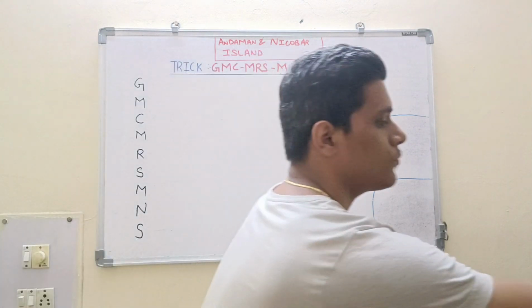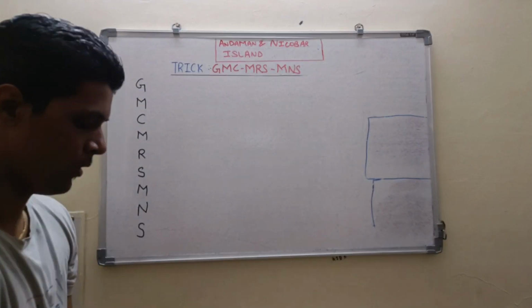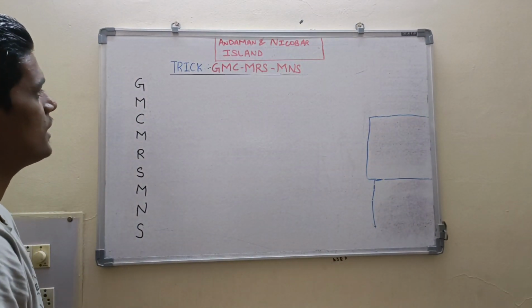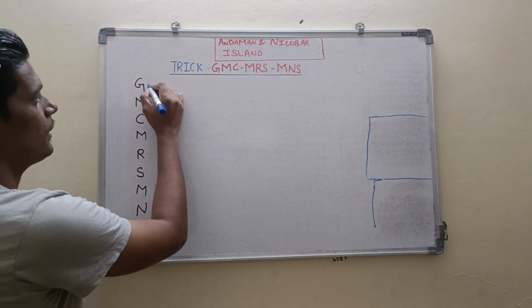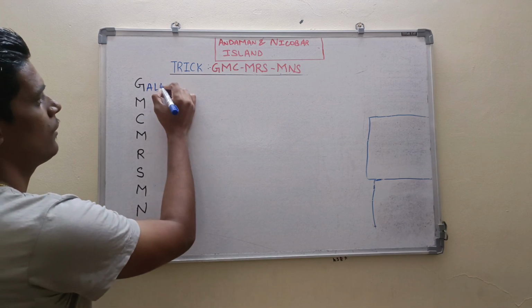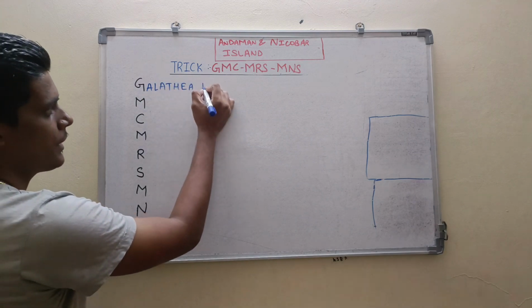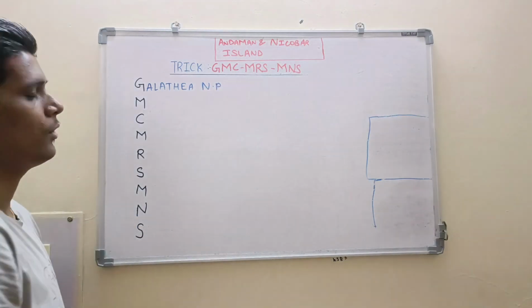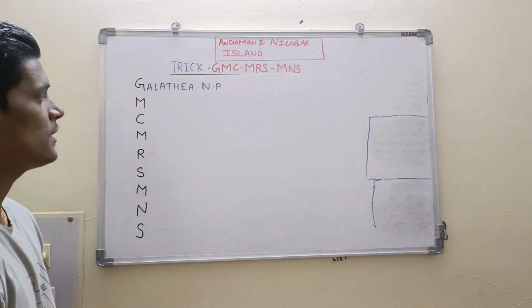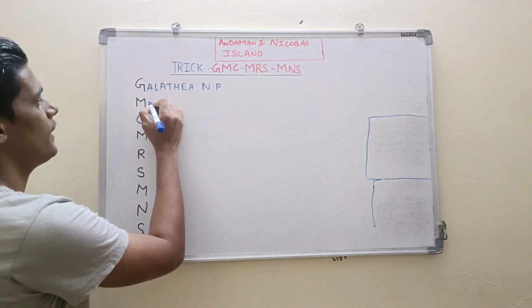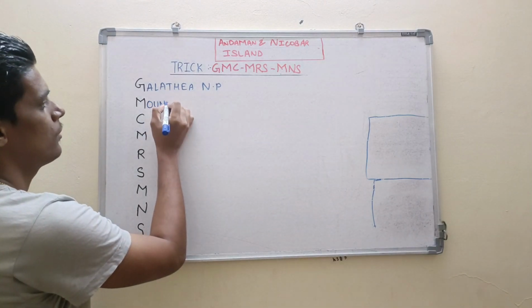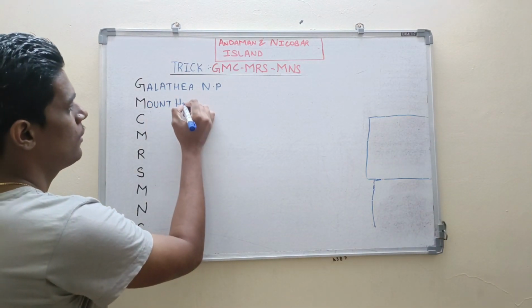For example, here G stands for Galathea National Park. Then M stands for Mount Harriet National Park.